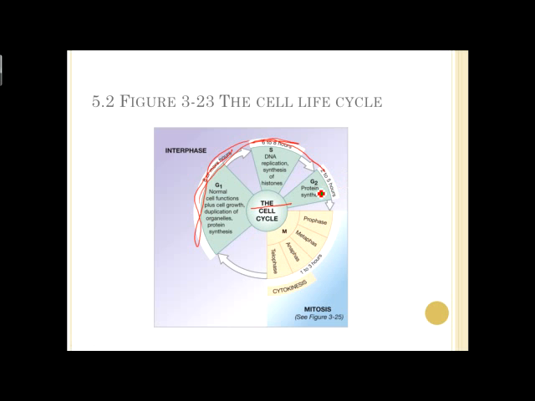And then once we've got all the parts made, we get the starting of cellular division. And this right here where it says cytokinesis, this would be the breaking apart, or the actual separation, of parent cell from daughter cell.